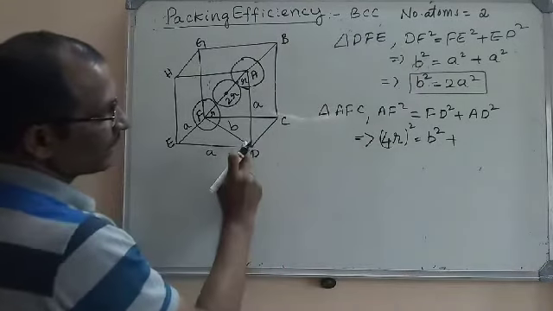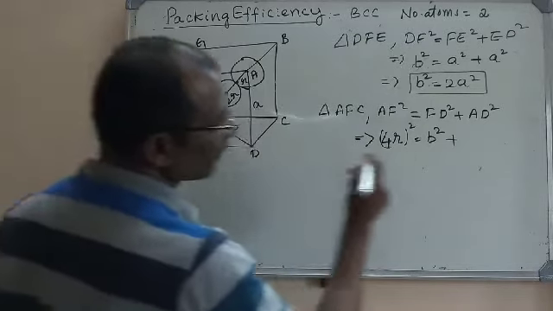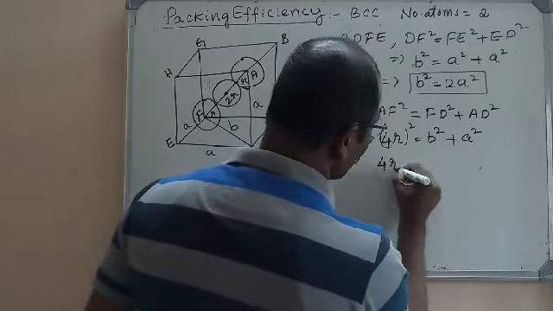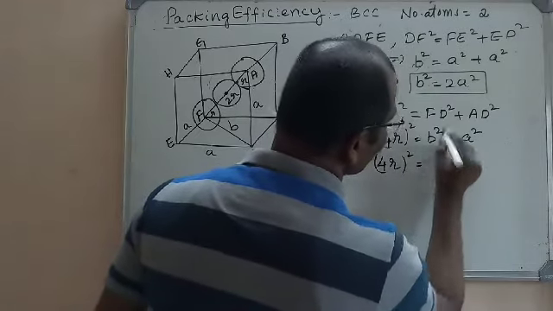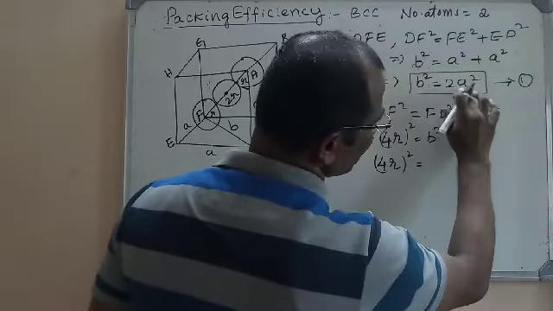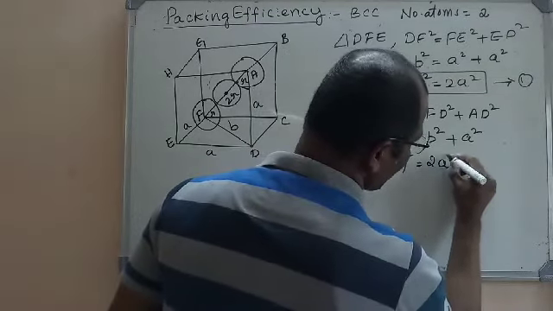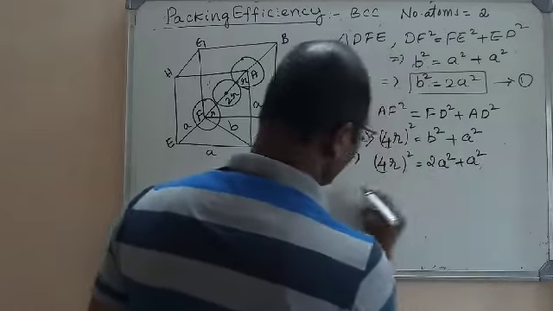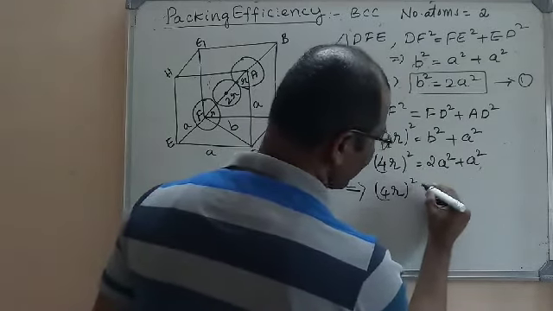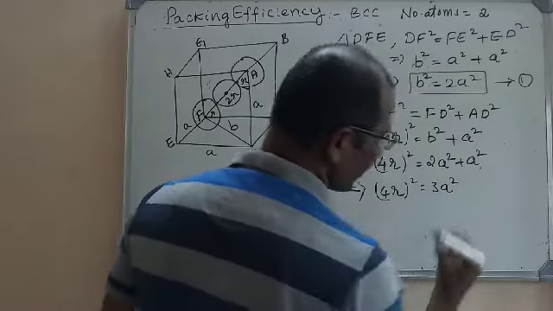AD is nothing but the length of the edge, that is A, so it will become small a square. That implies 4R whole square is equal to, but the B square value we have already taken as 2A square, so it will become 2A square plus A square. That implies 4R whole square is equal to 3A square.